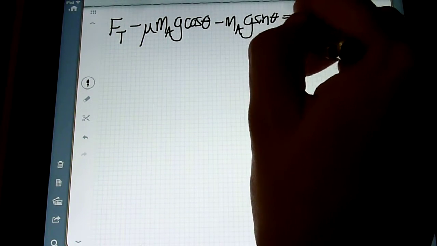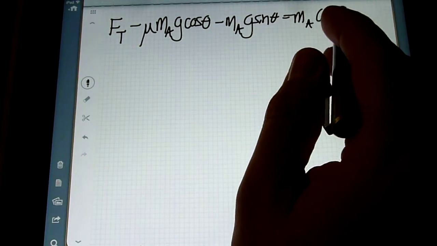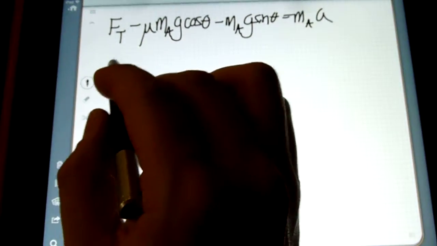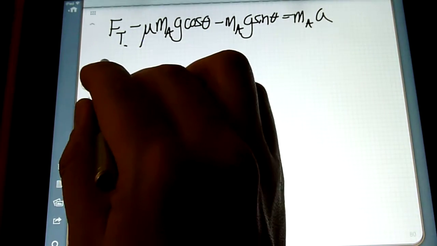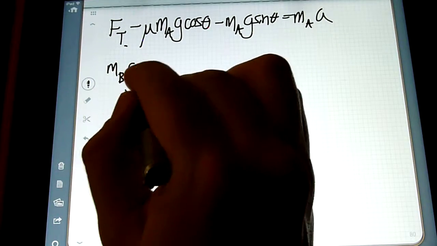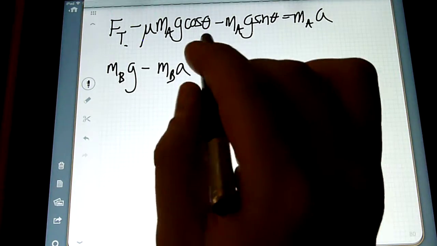It's going to equal the mass of block A times my acceleration. I'm going to drop the x subscript on the acceleration because I know they're the same accelerations by my choices. Then I'm going to substitute in what I had from the previous page for F_T. So that was the mass of block B times the gravitational acceleration minus the mass of block B times the acceleration in the x direction.